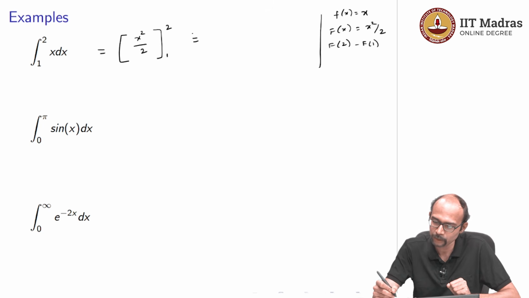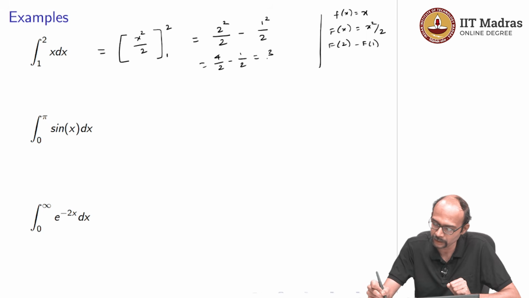So, this is x squared by 2, you put square brackets and then put 1 at the bottom and 2 at the top on the right, and then we evaluate whatever is inside the bracket at 2. So, that is 2 squared by 2, and subtract out the evaluation at 1, which is 1 squared by 2. So, this gives us 4 by 2 minus 1/2, this is 3 by 2.